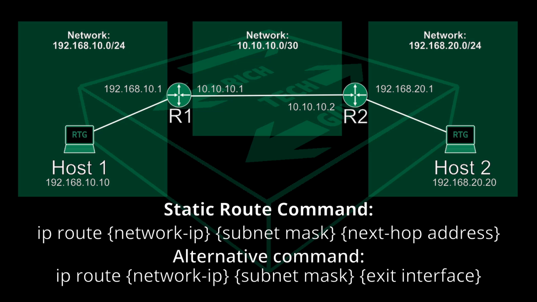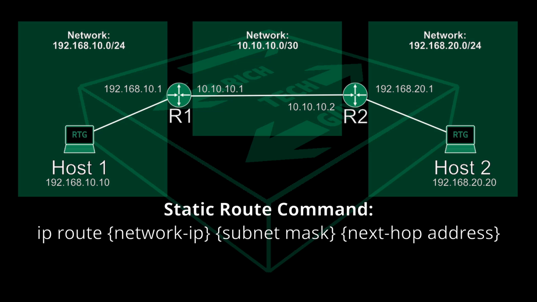However, there are issues where that particular static route command could lead to problems with routing. So the preferred way to input the command is ip route, destination network address, the subnet mask of the destination network, and then the next hop address.